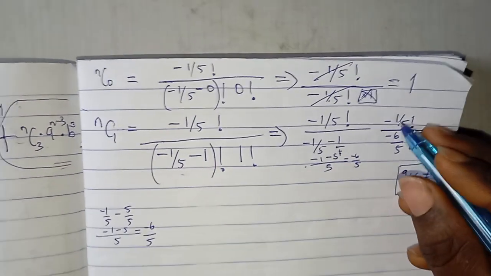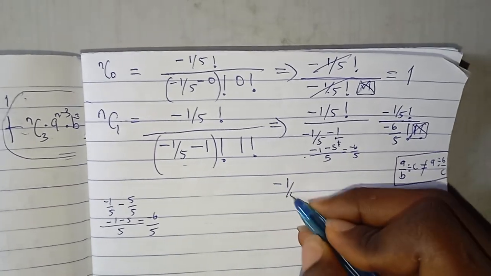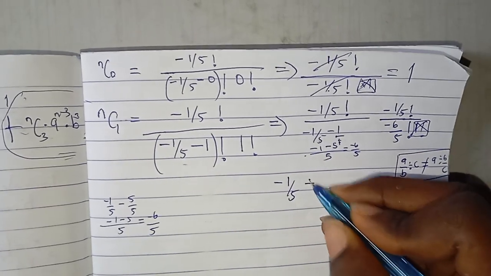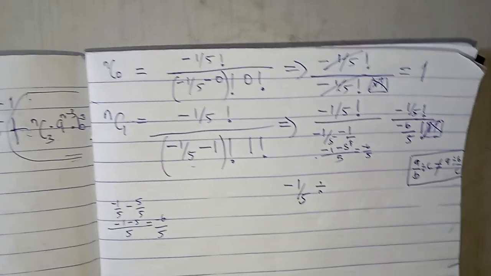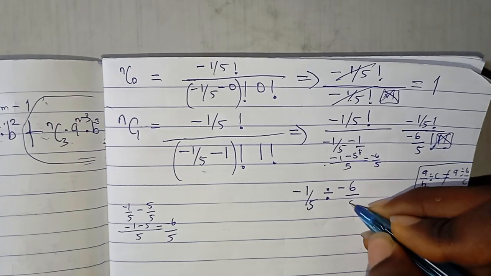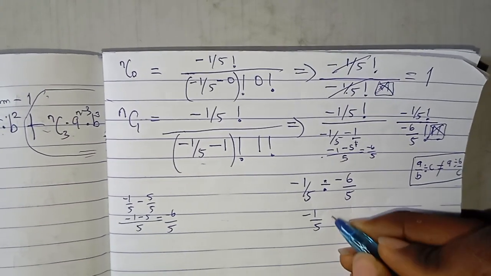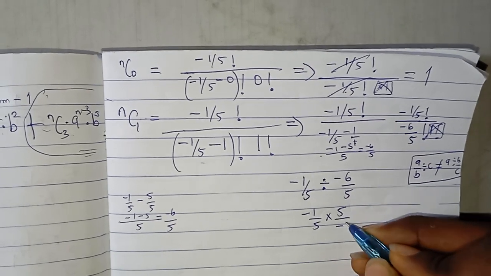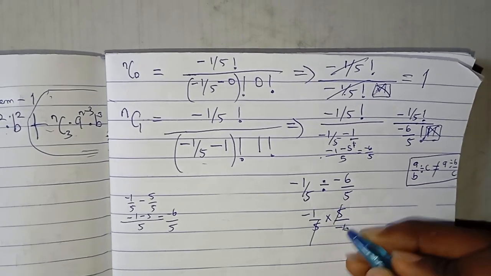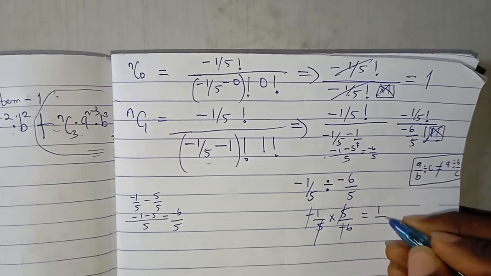So in this case, what I have here is simply minus 1 over 5 divided by minus 6 over 5. And this is the same as minus 1 over 5 times 5 over minus 6. This will take care of this, and this will take care of this. So I am left with 1 over 6.